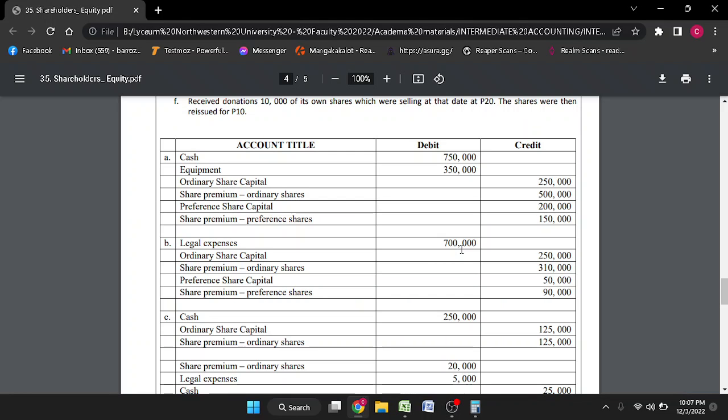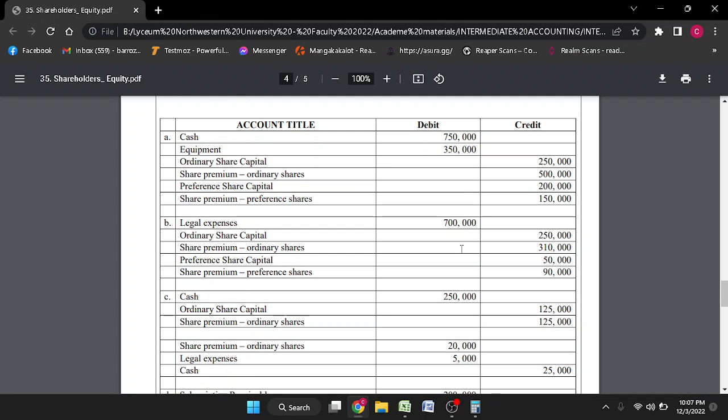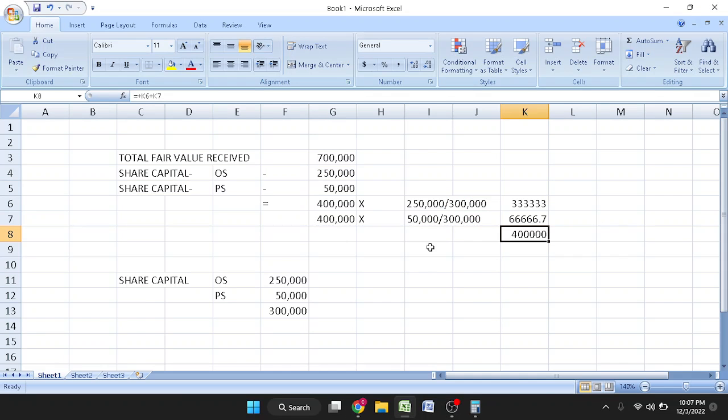Is it the way they have solved it? No. So we'll try the other method, the total number of shares. We have 50,000 shares here, we have 5,000 shares here. So that should be 55. So we could use 50,000 shares over 55 here, and 5,000 over 55, the total number of shares.